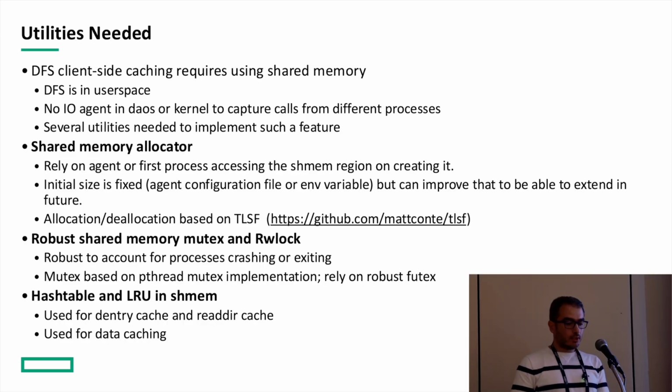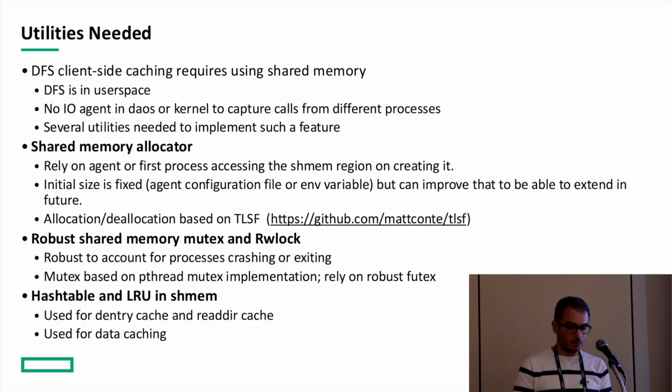So what utilities do we need to implement this? DFS is in user space, so there's no I/O agent collecting the I/O, like FUSE, for example, where there's the kernel and a cache that can be managed there. There's no shared address space just within DRAM.